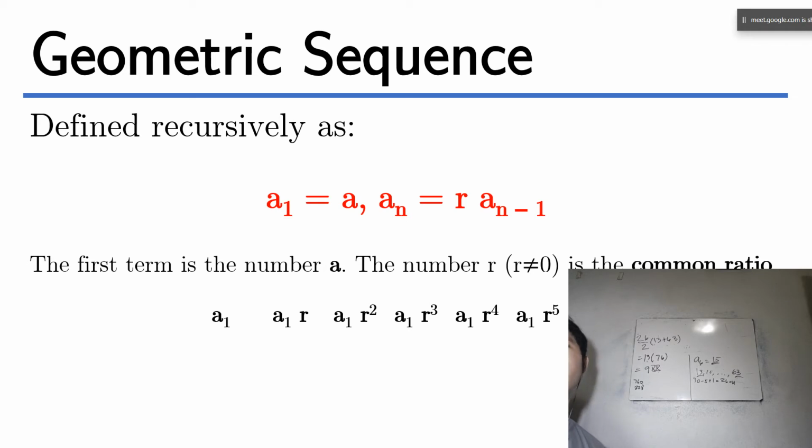Pwedeng 1, okay? Pwedeng 1. Pero pag 0, bawal. Pwede rin fraction, pwede rin negative. Tandaan nyo na. Eto. See, the next one is a sub 1r. Yung susunod, a sub 1r squared, a sub 1r cubed, a sub 1r to the 4th, a sub 1r to the 5th.